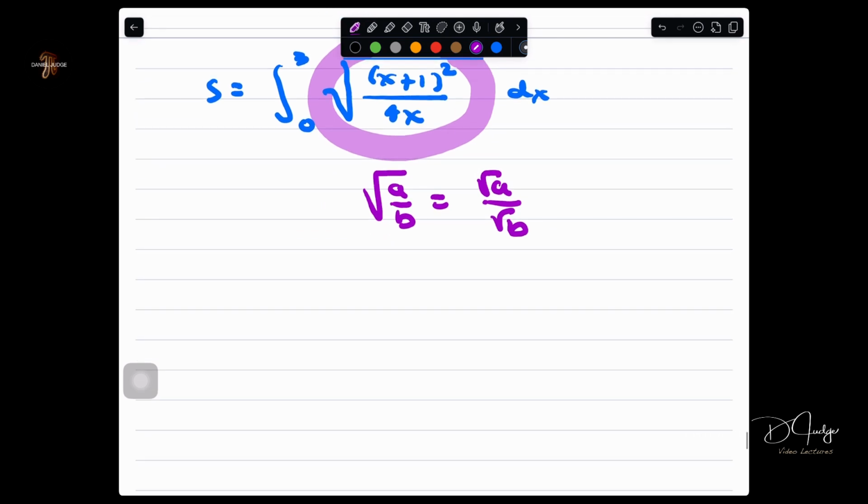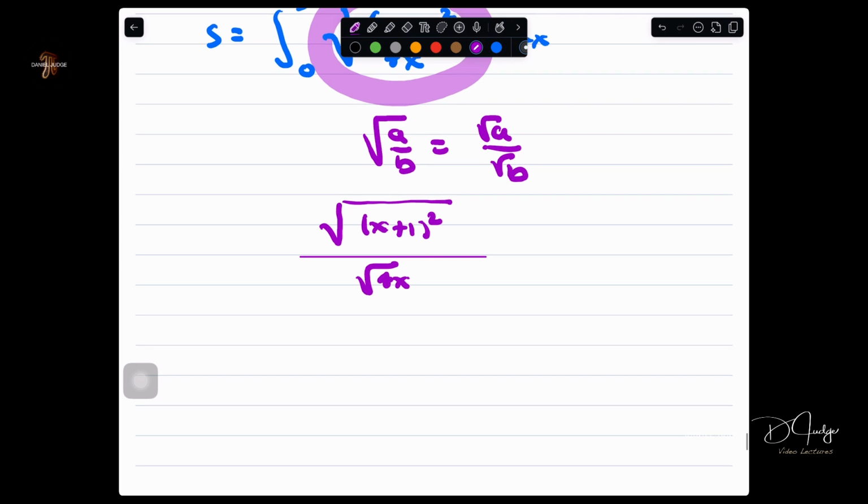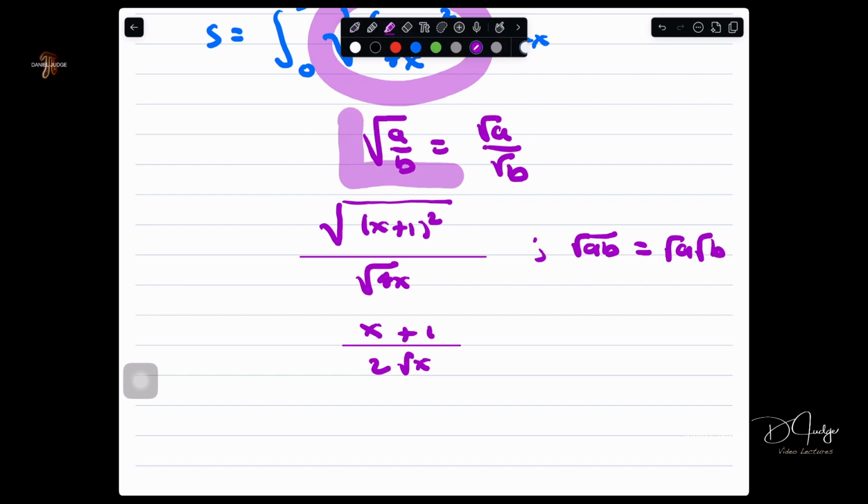So under that radical, you have the square root of (x plus 1) squared over the square root of 4x, which gives us x plus 1 really over 2 square root of x, because also the square root of a product is the product of square roots. So this is some of the tools we've been using here.